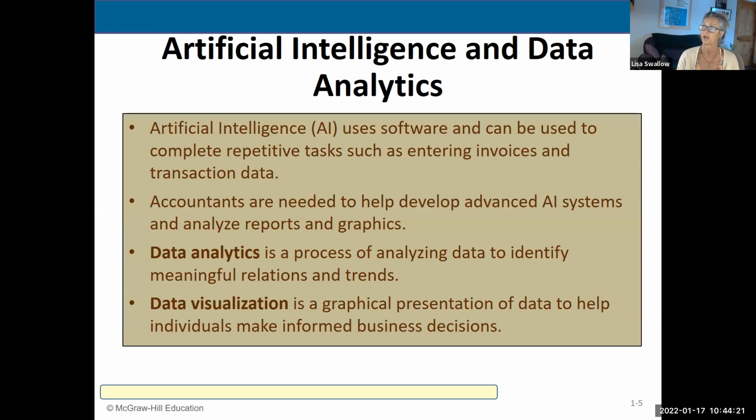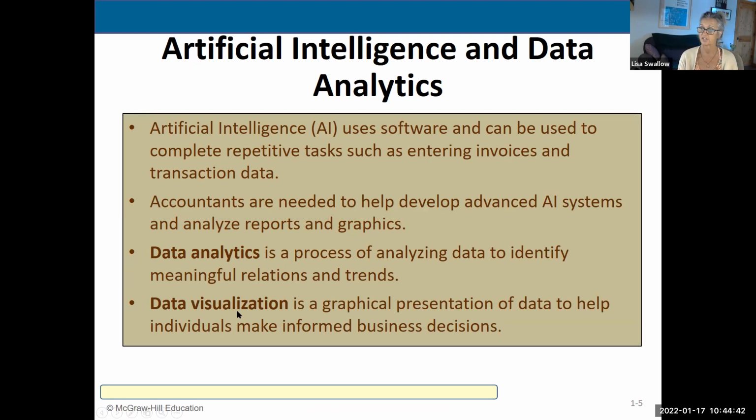So as we are becoming more sophisticated with how we utilize data and manipulate data and launch analytical tools to help us run our business, through accounting information, this is called data analytics and data visualization.